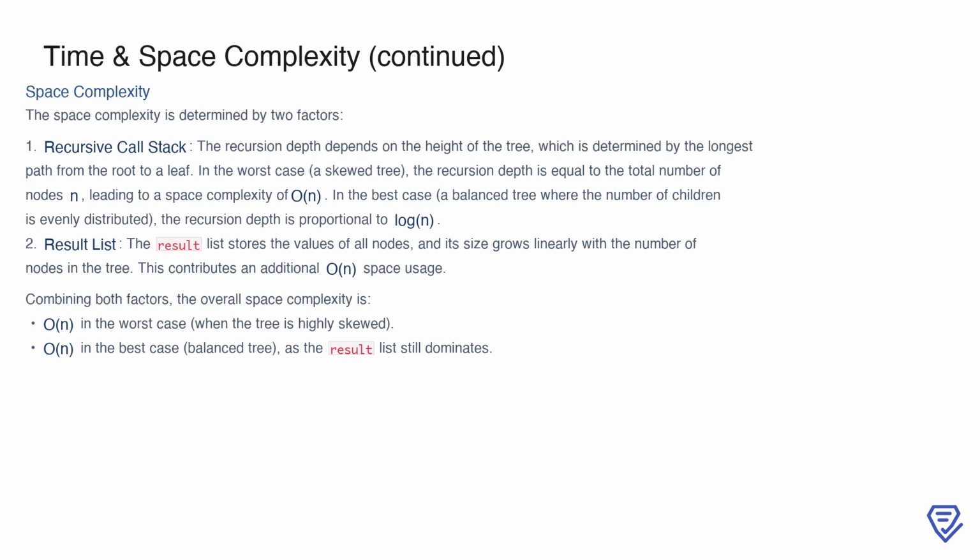In the best-case scenario of a balanced tree, where the children are evenly distributed, the recursion depth is proportional to log n. The second factor is the result list, which stores the values of all nodes. Since this list grows linearly with the number of nodes, it contributes an additional O(n) to the space complexity. Combining these, the overall space complexity remains O(n), as the result list dominates in both the best and worst cases.